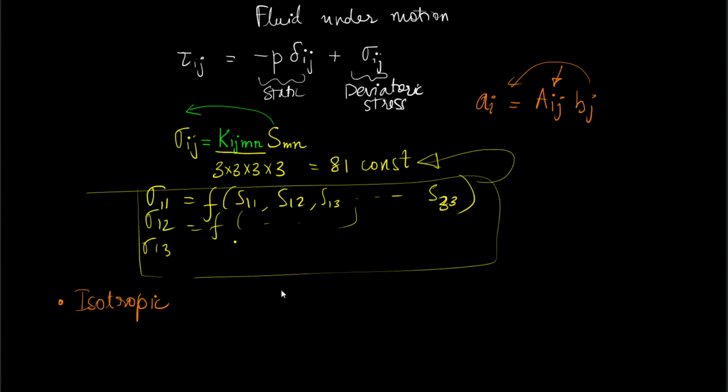If the stress tensor is isotropic, then the fourth order tensor which maps this rate of strain tensor must also be isotropic, meaning K ijmn must also be isotropic. And the only way to express a fourth order tensor through isotropic means is by using two Kronecker deltas, rather a pair of Kronecker deltas.